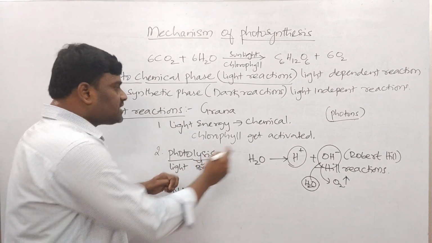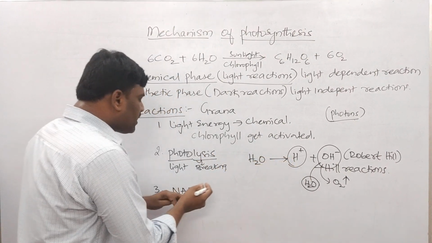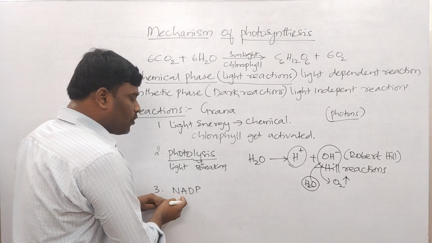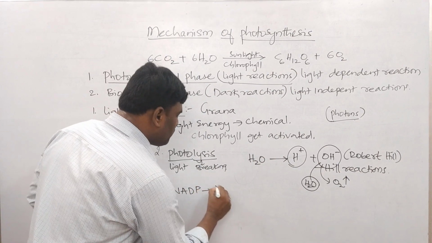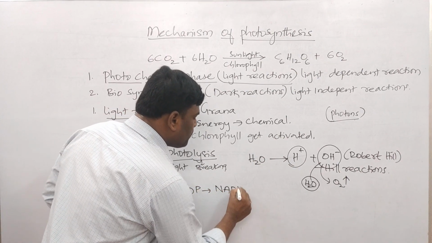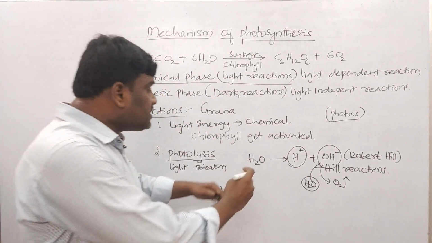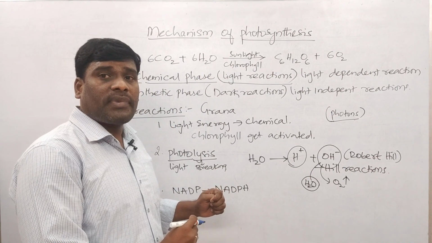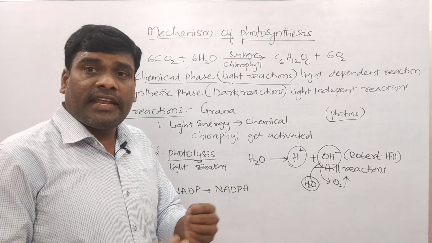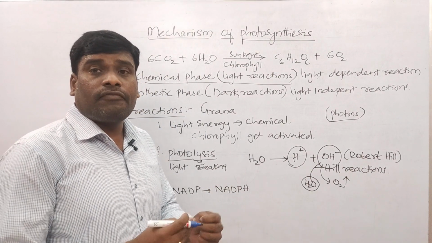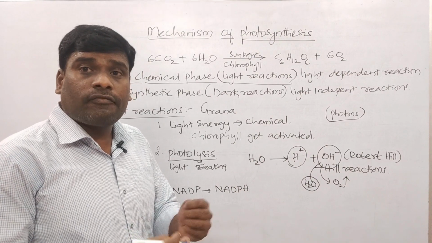So these hydrogen ions, children, react with the NADP molecule and convert into NADPH, isn't it? So in these reactions, children, some amount of energy is also released in the form of inorganic phosphate.